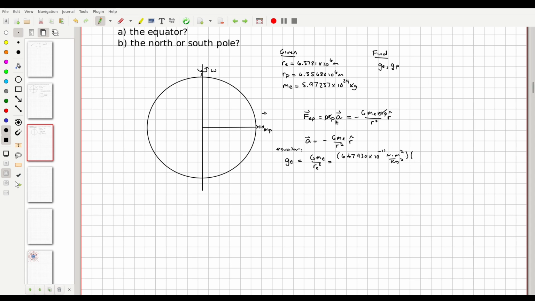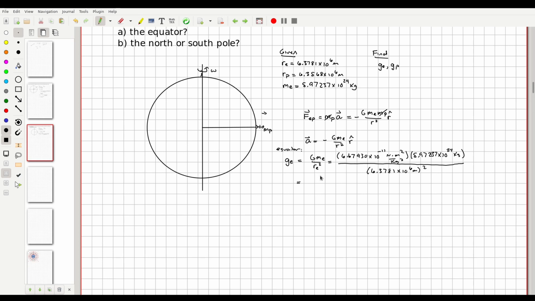The mass of the Earth we have here is 5.97237 times 10 to the 24th kilograms. And at the equator, our radius is 6.3781 times 10 to the 6 meters, and we're going to have to square that.